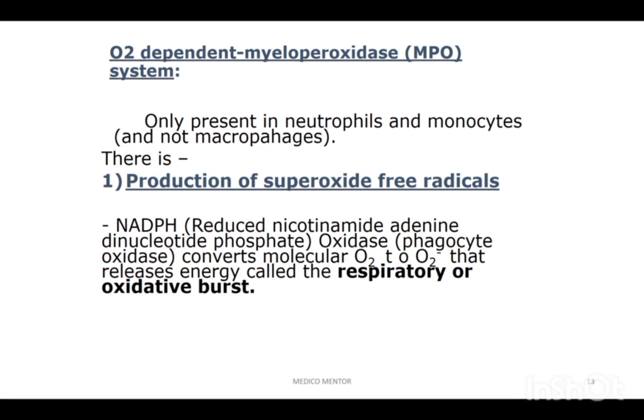For example, NADPH oxidase induced conversion of oxygen to superoxide free radicals. And during the formation of the superoxide free radicals, there is a release of energy, which is called the respiratory or oxidative burst.